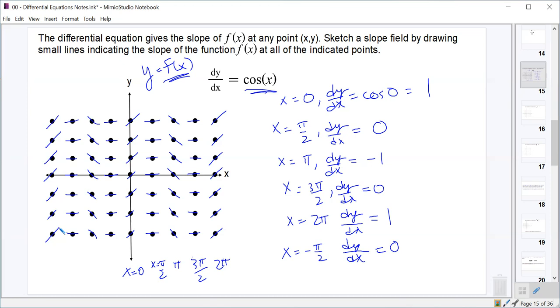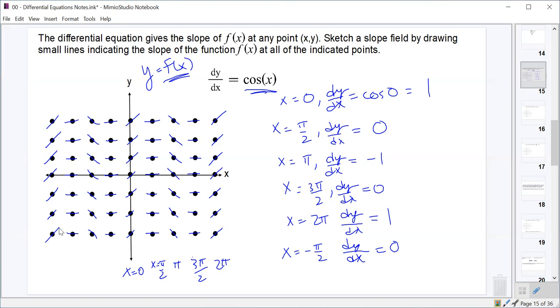In fact, it's a representation of all of the different solutions that we could get. Because remember, there's an infinite number of solutions to a differential equation, because we could add any constant to it. So let's see how this works now by sketching a solution curve. So let's sketch f of x.